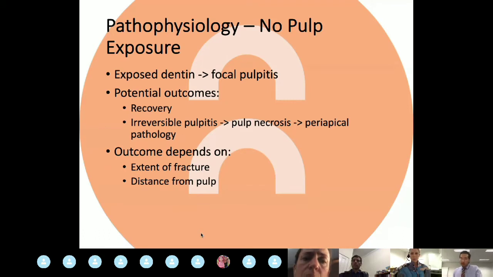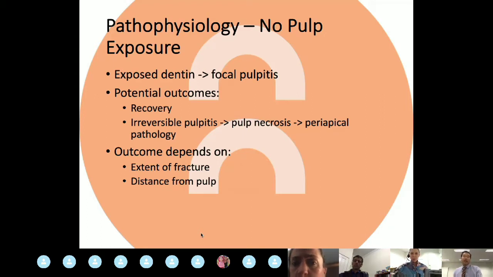So, exposed dentin causes damage or irritation to the odontoblasts. Those odontoblasts may die, and if enough of them die, the pulp doesn't recover. If a small area of odontoblasts dies, the pulp has the capacity to form stem cells, and those stem cells differentiate into new odontoblasts.